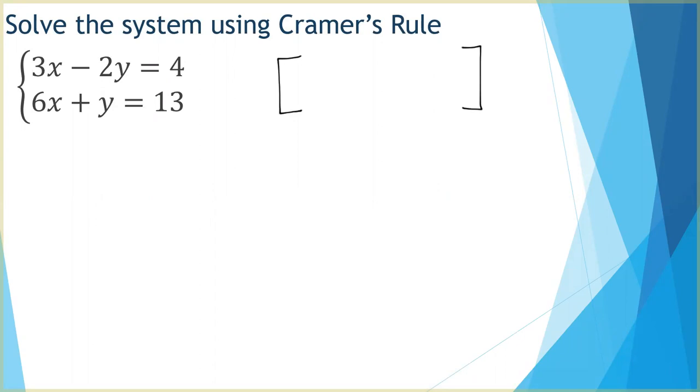So we have the coefficients of x, which are 3 and 6. And then we have my coefficients of y, which are -2 and +1. And then I have my constants, which are 4 and 13.